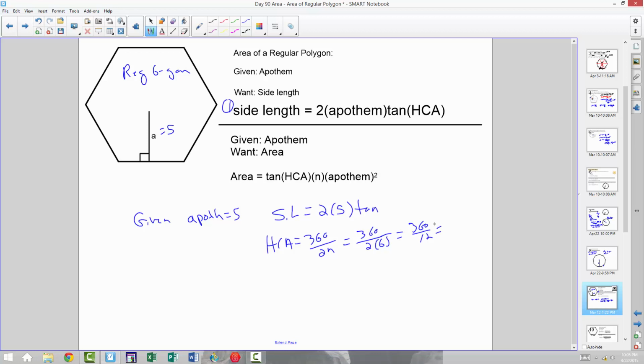So 360 over 12 is 30. So my half central angle is equal to 30. So my side length is 2 times 5 times tan of 30.